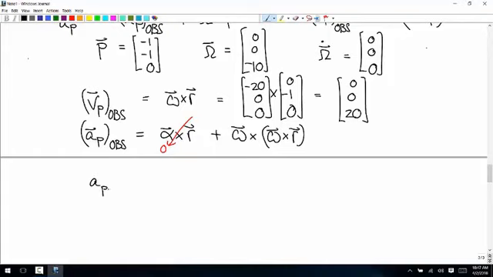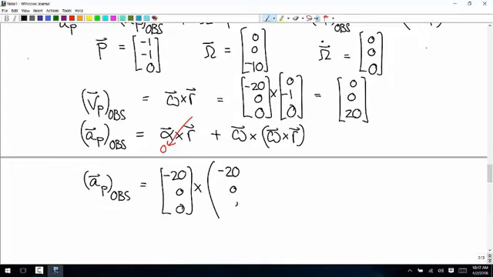So the acceleration of p that's observed is -20, 0, 0 cross quantity -20, 0, 0 cross r, 0, -1, 0.